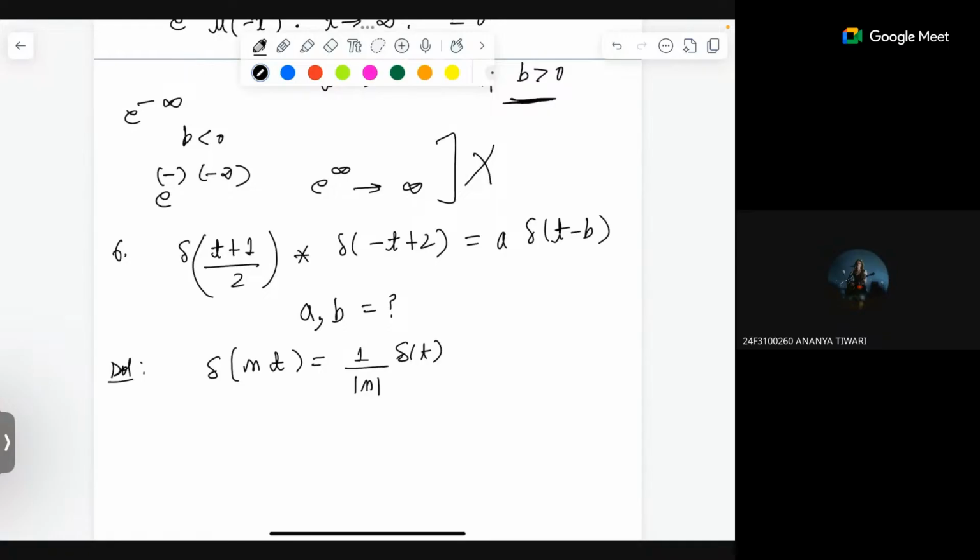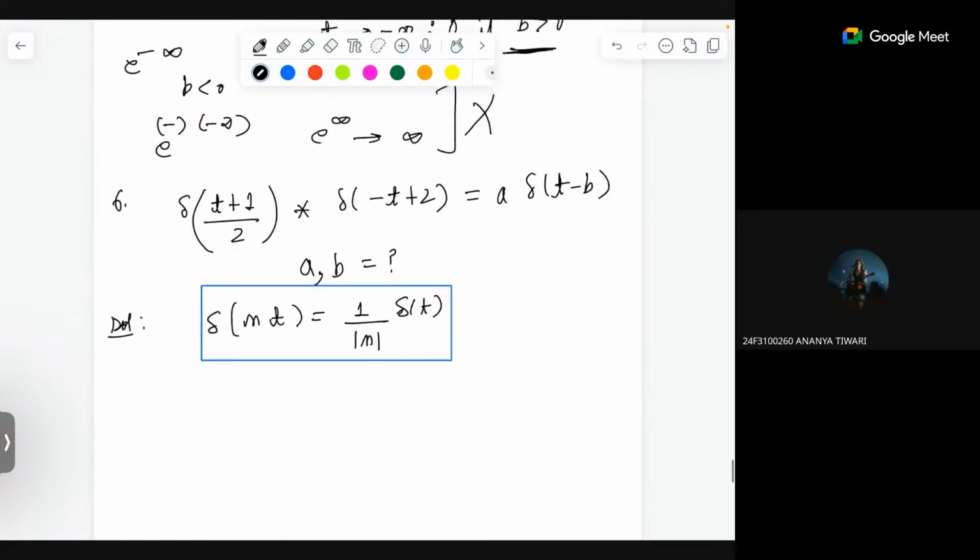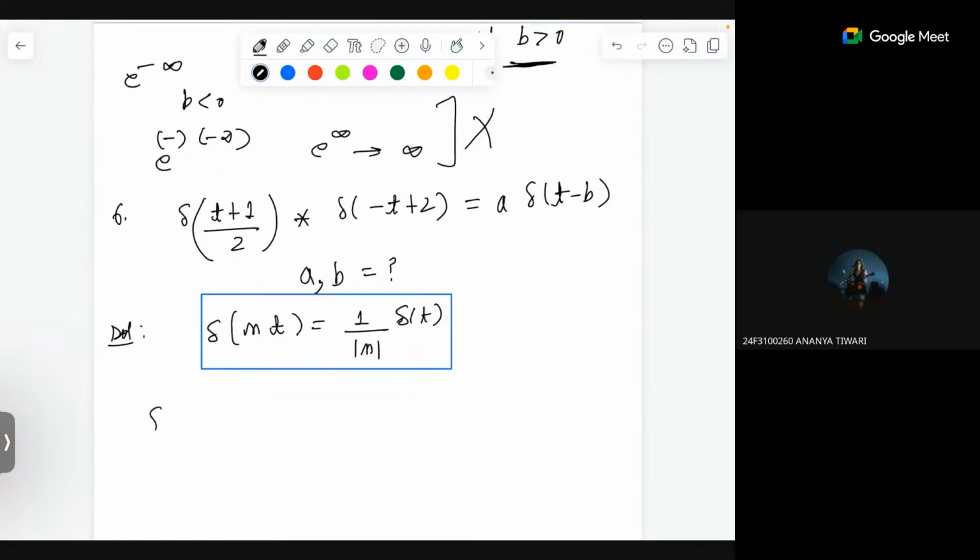Do you remember this property? Yes, ma'am. Okay, so let us start. Delta of half, I took half outside, t plus 1. So using the above property, this will be 2 times delta of t plus 1.